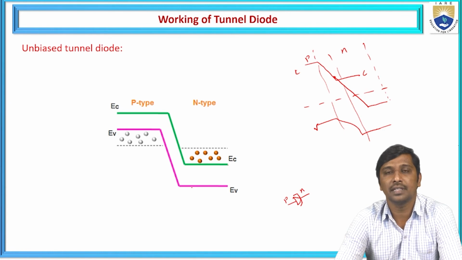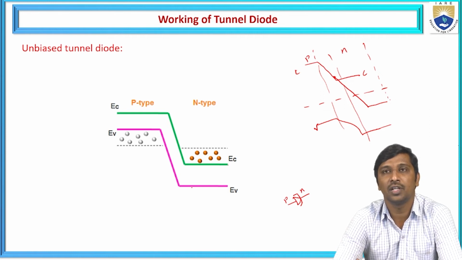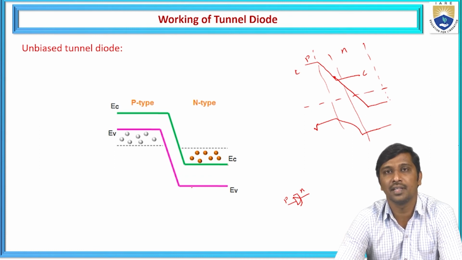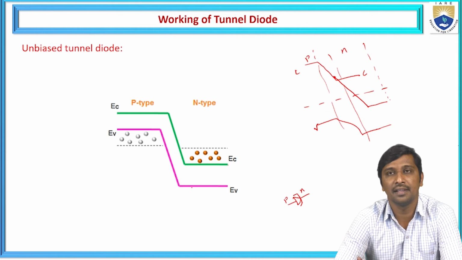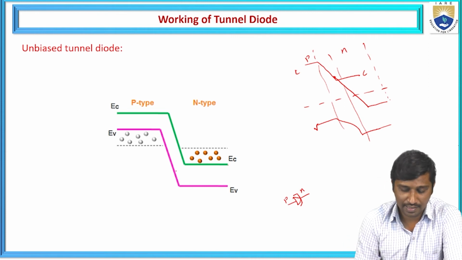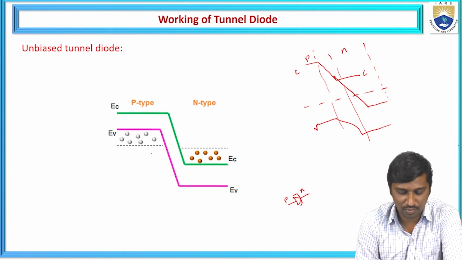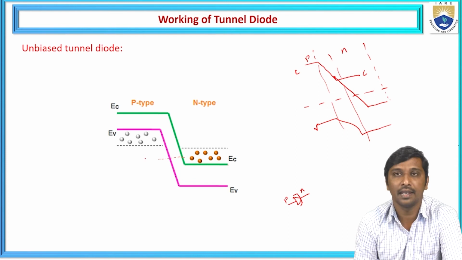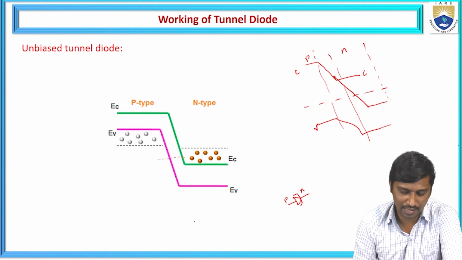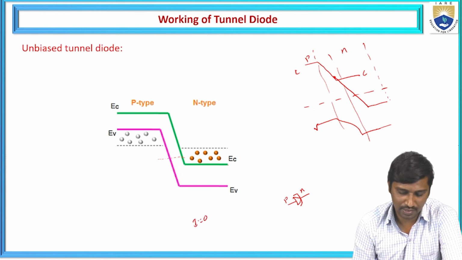But the tunnel diode operates with very low voltages, so it requires only a very small amount of voltage. Due to this small voltage, the charge carriers try to diffuse from one region to the other. But in this case they are tightly bound, in the valency band. So none of the charge carriers are paired with any electrons, and under this unbiased condition, the conduction is represented as 0.